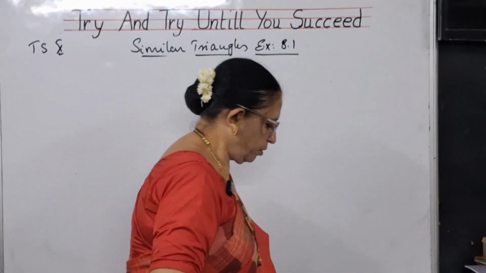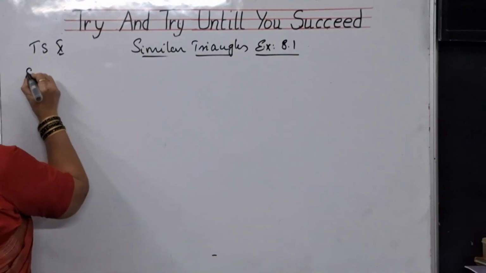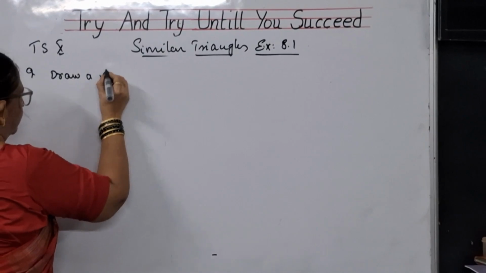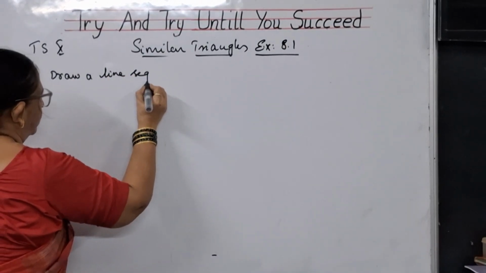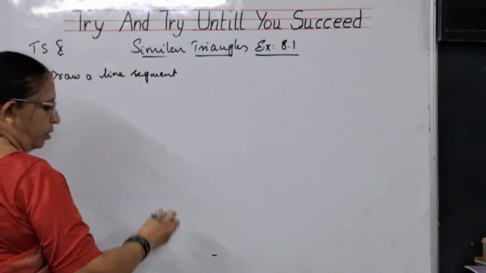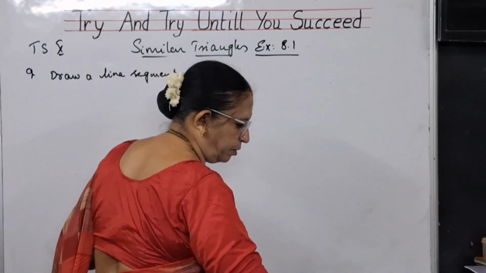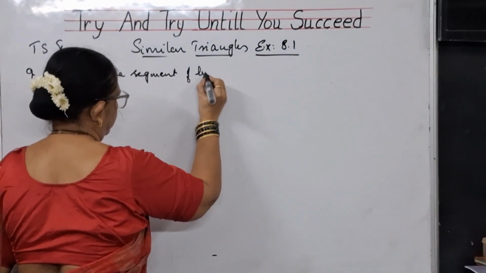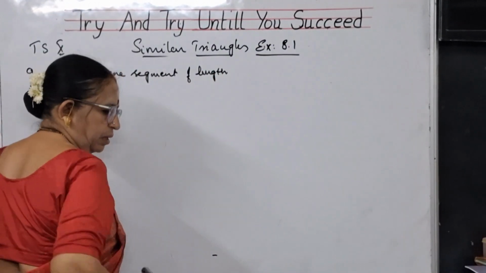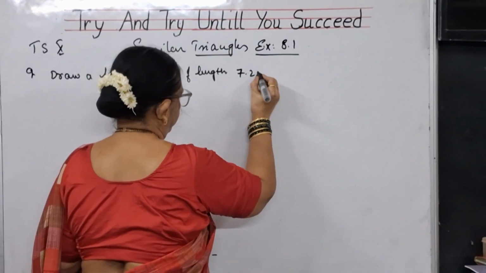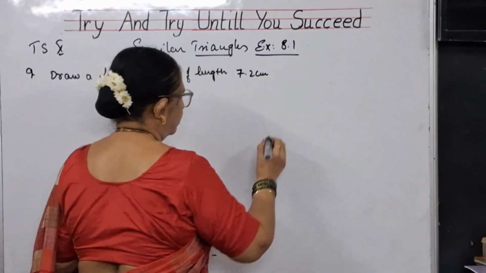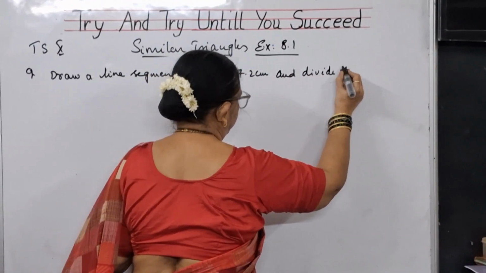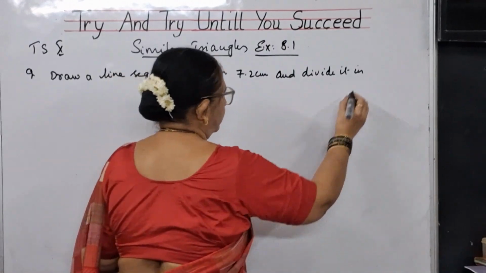Now, ninth problem, children. Ninth problem. Draw a line segment of length 7.2 centimeters and divide it in 5:3.